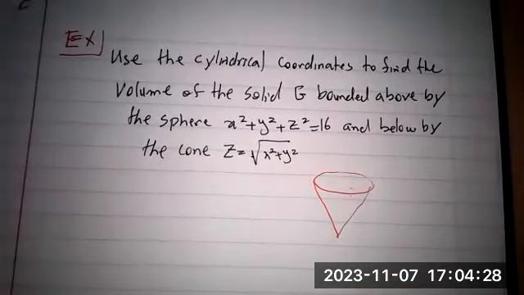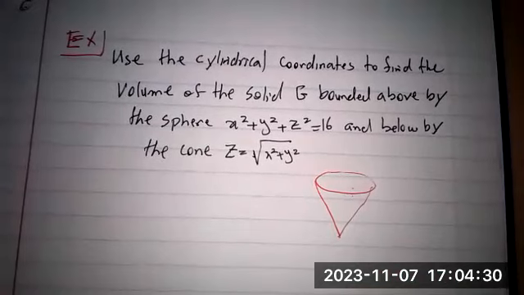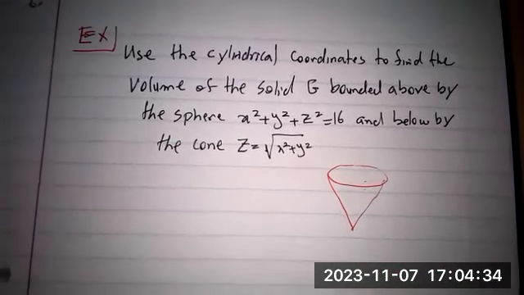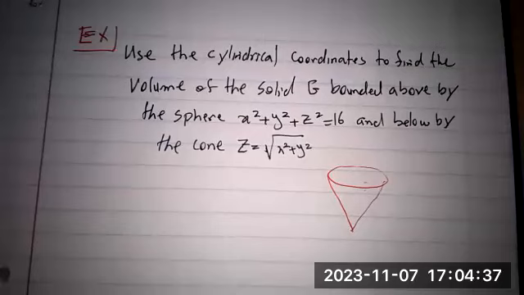The volume can be found by a double integral or a triple integral. For this one, we're using the triple integral. Remember, if you consider the function to be 1 in the triple integral, that gives you the volume.